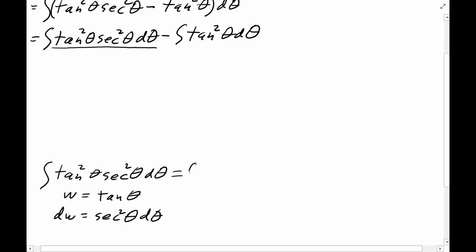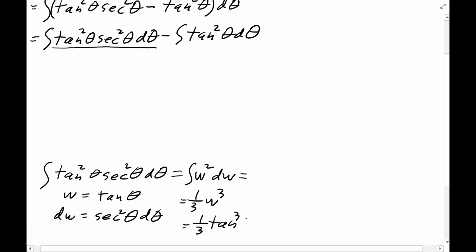So then this integral just becomes w squared dw, which is 1/3 w cubed. And I replace w with tangent.